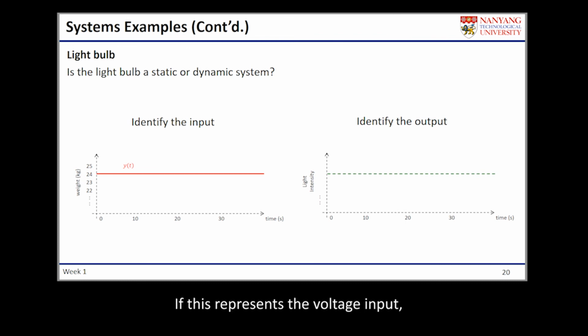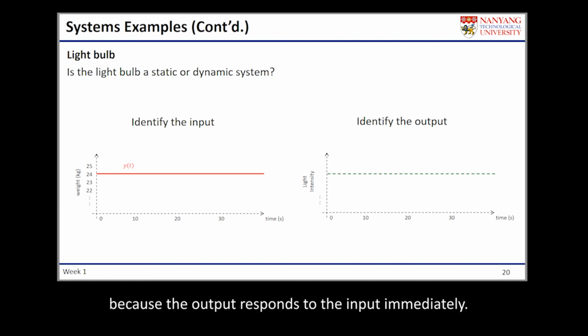If this represents the voltage input, you might say that this is the light intensity, which is the output of the light bulb. You might have a notion at this point that the light bulb is a static system because the output responds to the input immediately.